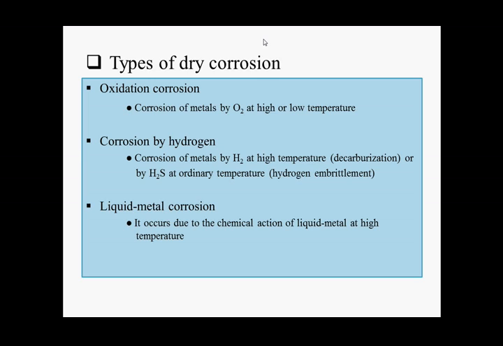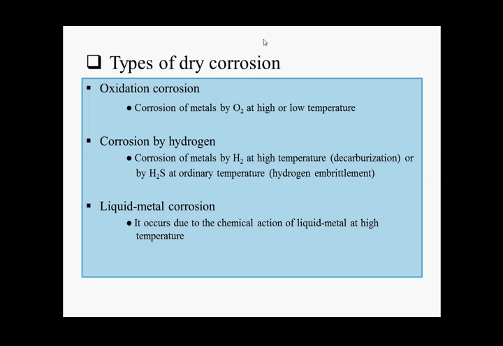And the third type of dry corrosion is liquid metal corrosion. Liquid metal corrosion means this type of corrosion takes place due to the molten state of the metal. When a metal is at very high temperature, it gets converted to its molten state.